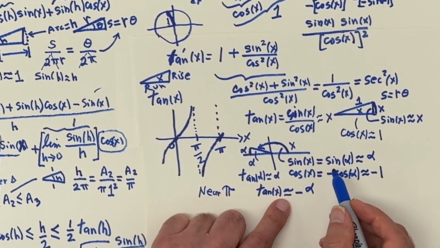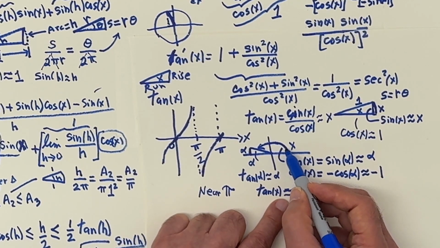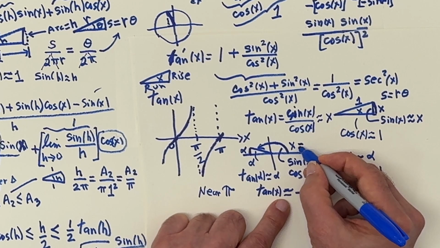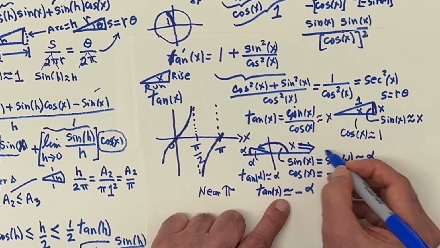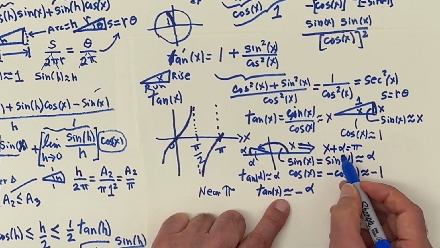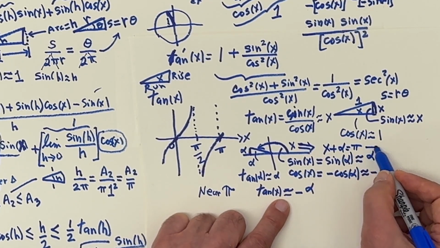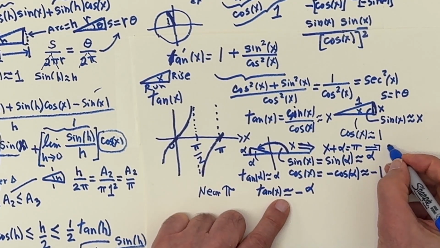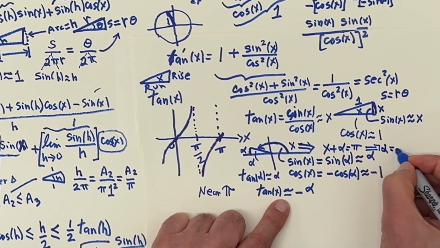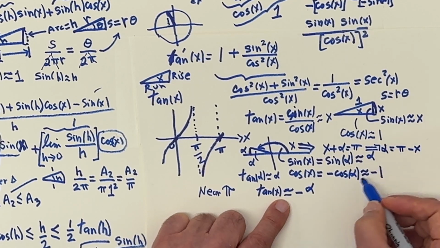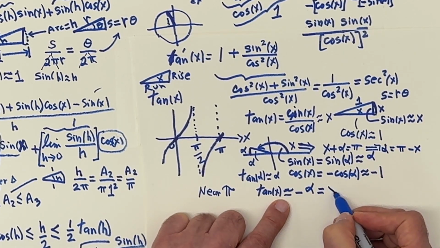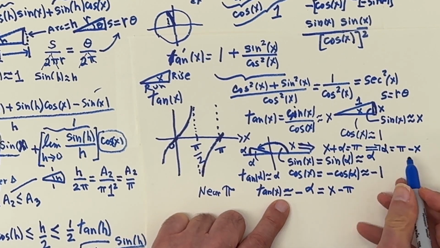Let's remind ourselves that x plus alpha is pi, which means alpha is equal to pi minus x, and the negative alpha would be x minus pi.